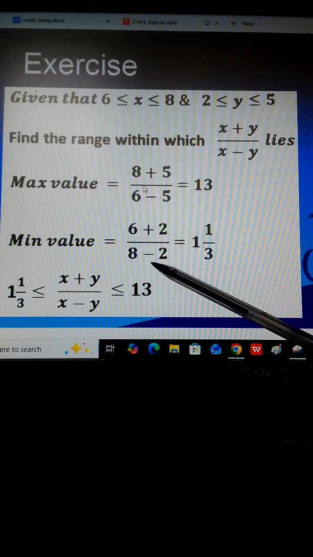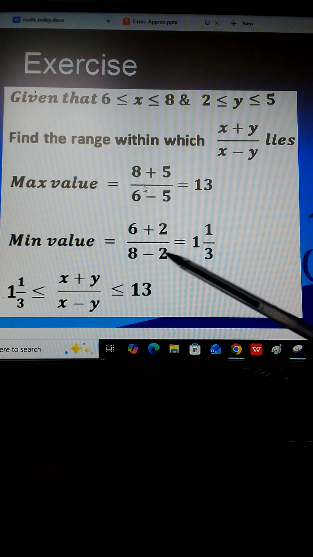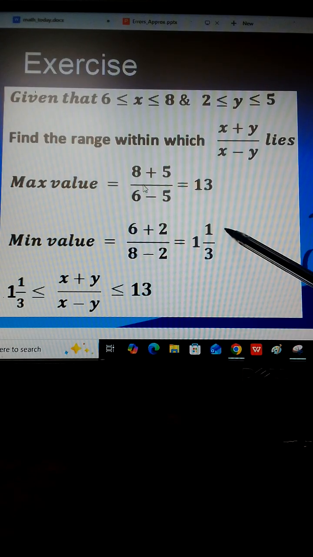So you get 8 minus 2, which is 6. So that is 8 out of 6, you get 1 1/3. So this is the lowest value of this expression.